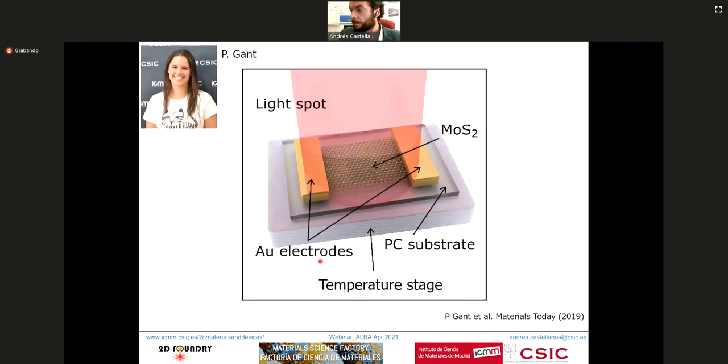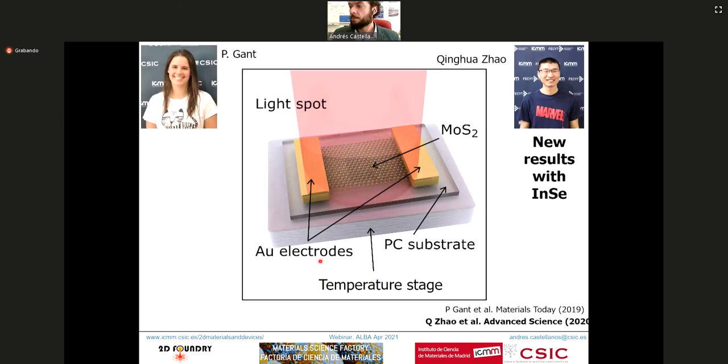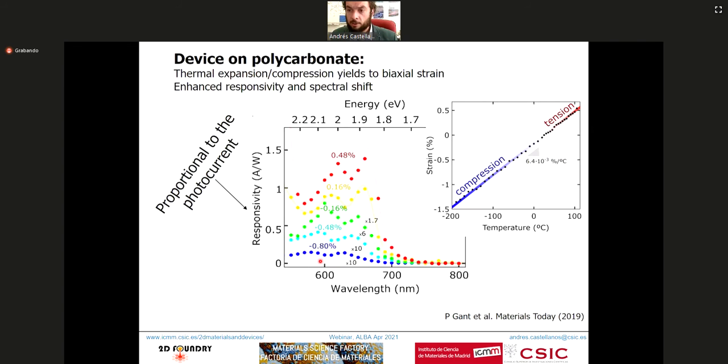All right, so once we have our devices, we characterize them, and what we do is we measure photocurrent or responsivity of these devices as a function of the illumination wavelength for different temperatures of the substrate. And you can see, by changing the temperature, we can go all the way from plus 0.5% strain to minus 1.5% strain by changing the temperature of the substrate from minus 200 degrees Celsius to 100 degrees Celsius.